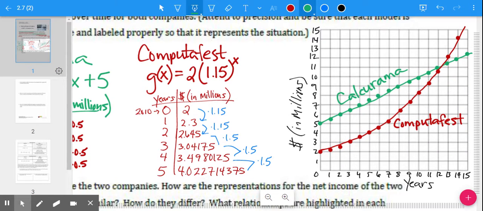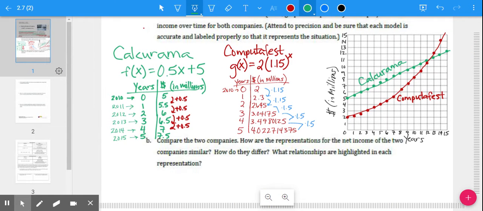So now that we have those two, we can compare these two graphs. So the first question is asking how they're similar, how they're different. What relationships are highlighted in each representation? So I'm going to let you guys compare and contrast and then use the answer key once it's posted to make sure that you covered all your bases.